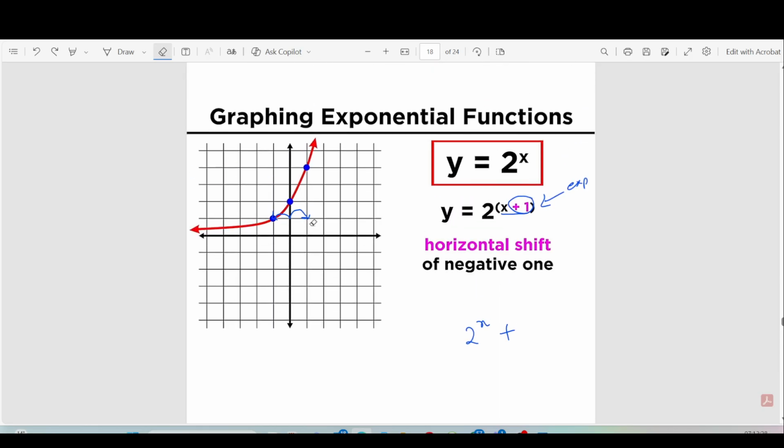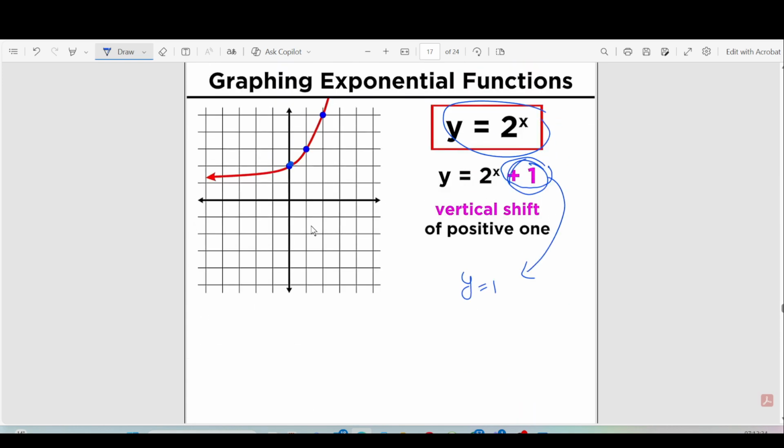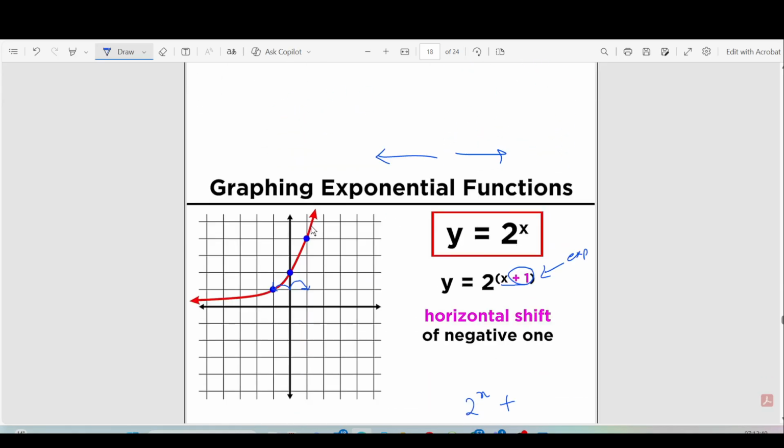If the plus 1 is in the exponent, then you need to shift right or left. But if the 1 is not in the exponent, it is a vertical shift. If it is in the exponent, then it is a right or left, horizontal shift.